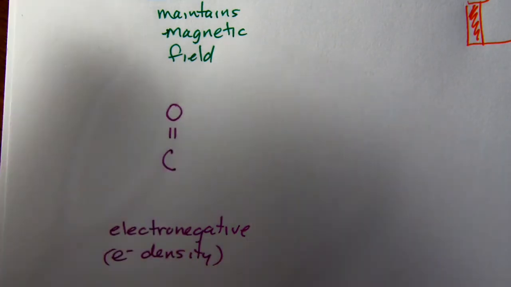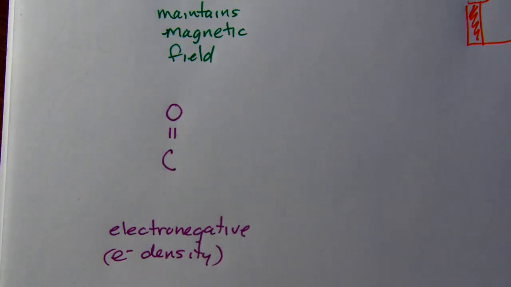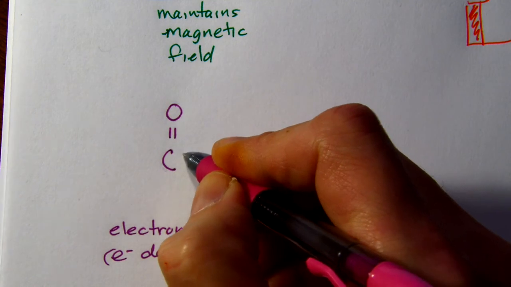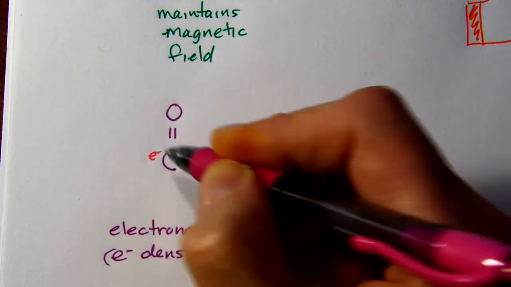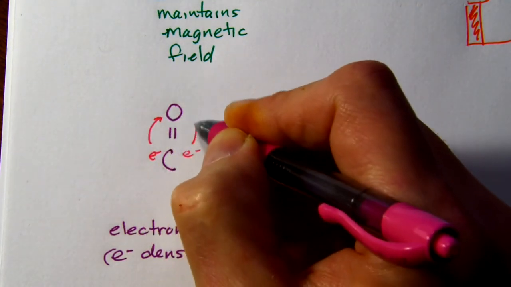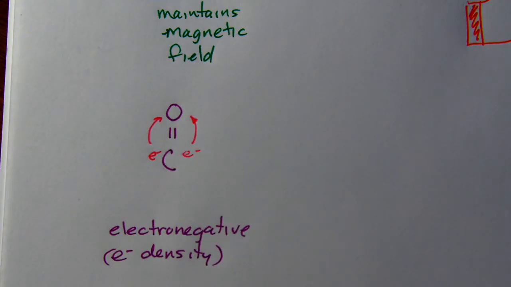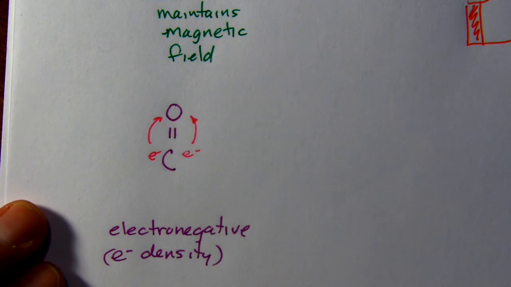That's why you had to learn about electromagnetism, because what happens essentially is that the electron density of carbon is really pulled away by that oxygen. That has an effect on its magnetic field.